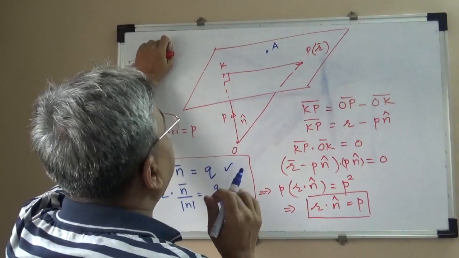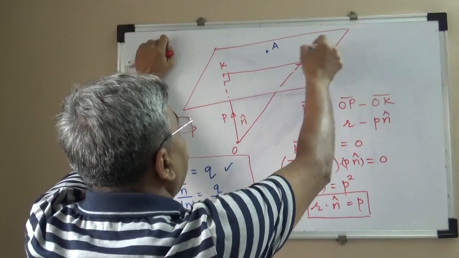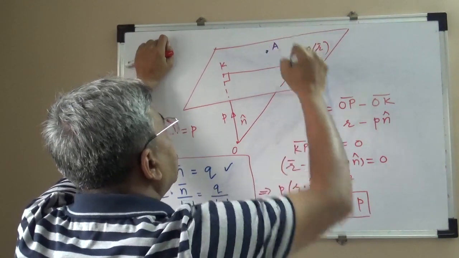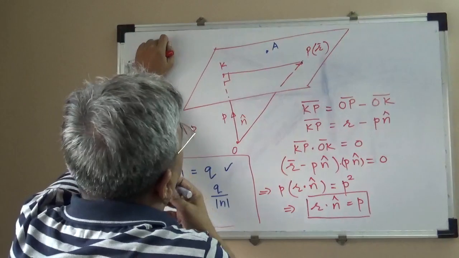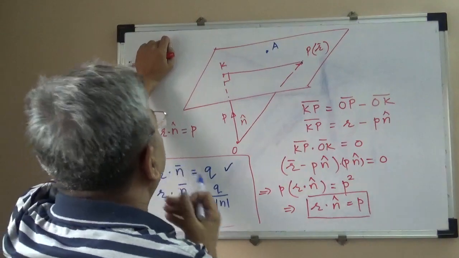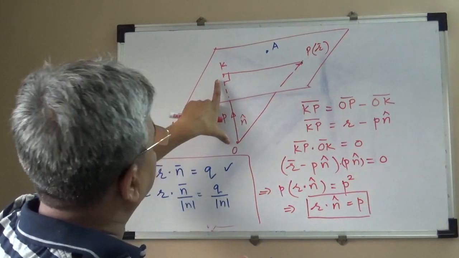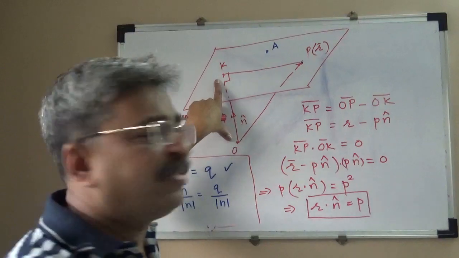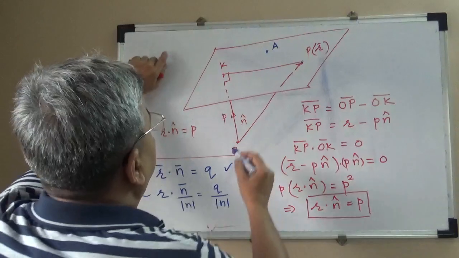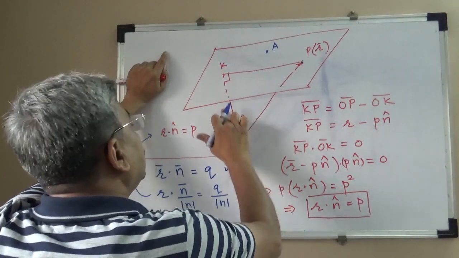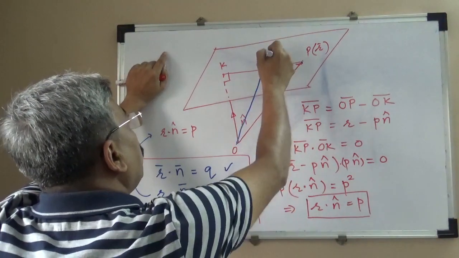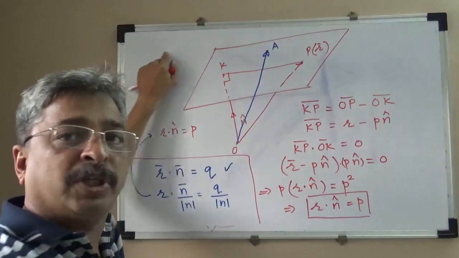Now P is any point, that is R. So R minus A is going to be the vector AP. Now what is not available with us is this distance. So perpendicular vector n is known, distance is not known, so I can always create that distance by joining OA and taking projection on n.